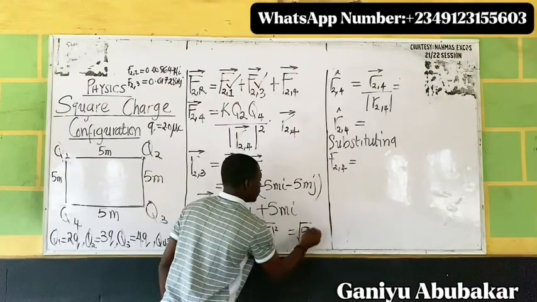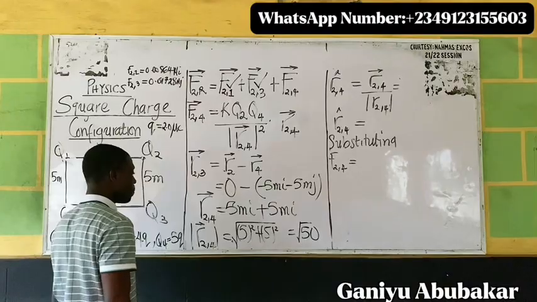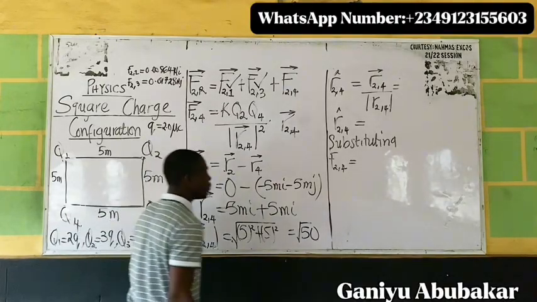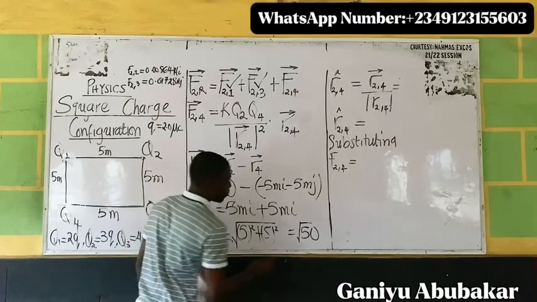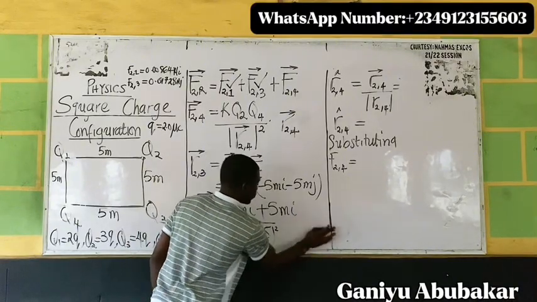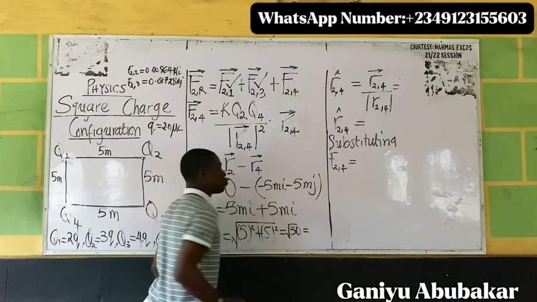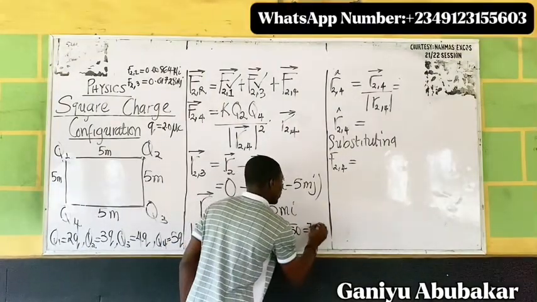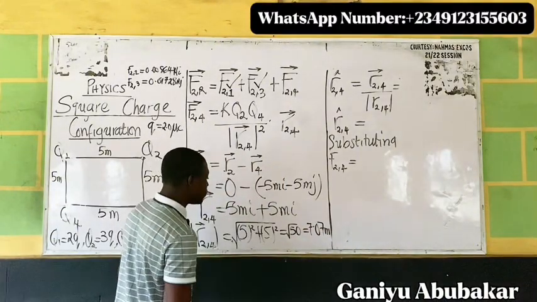So that's root 50, and root 50 should give us about 7.07 meters.